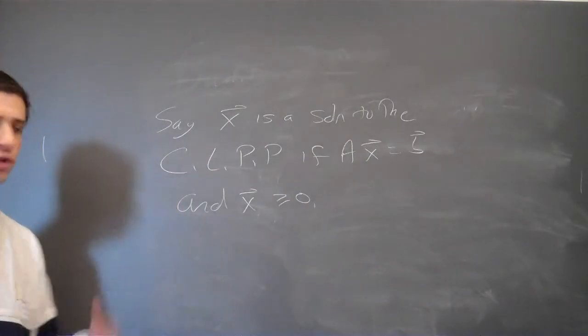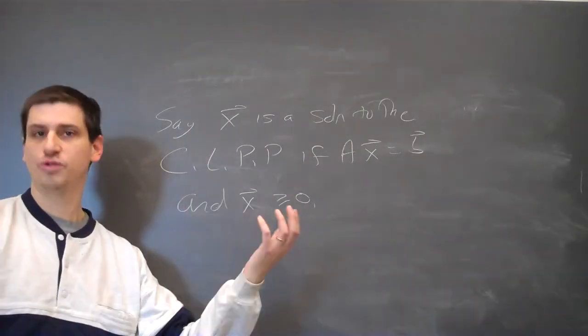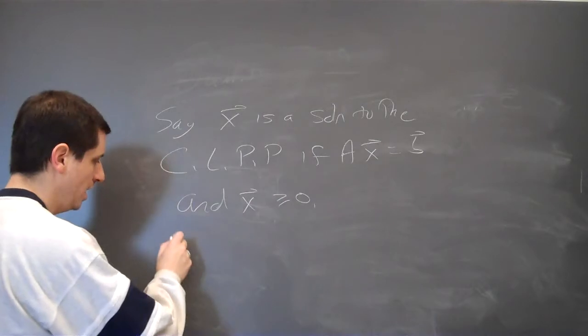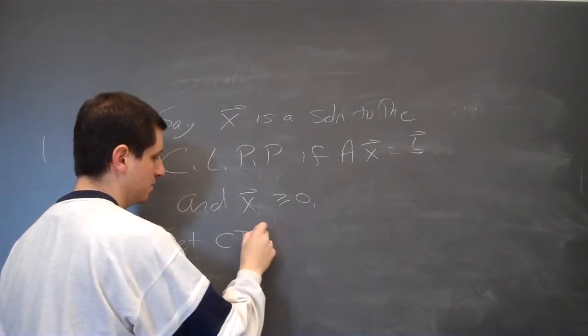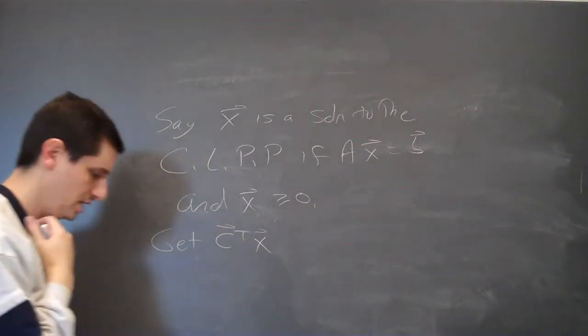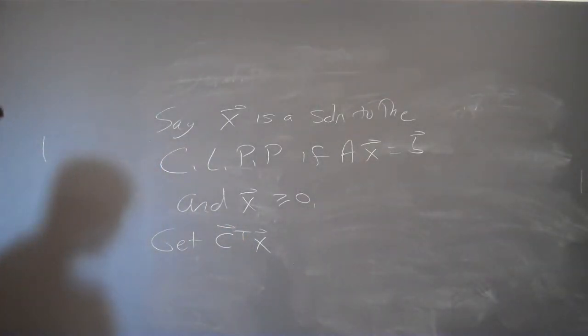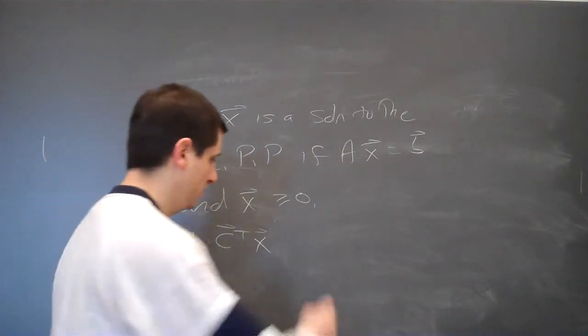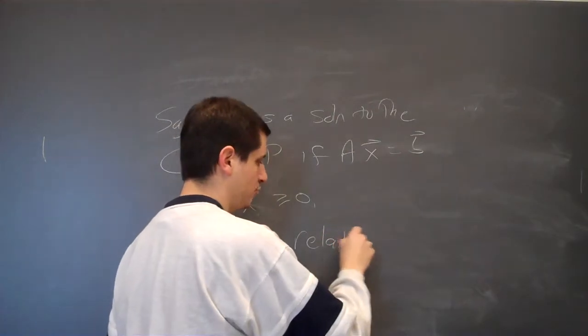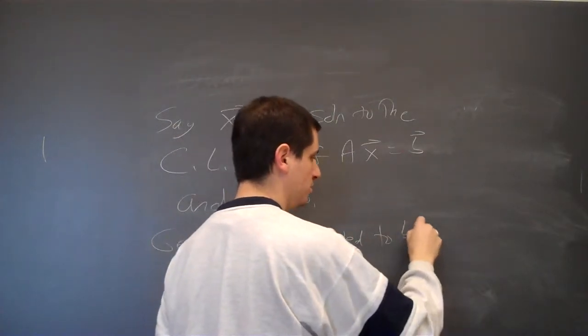And then you want to try to minimize C transpose X. And C transpose X is going to be related to bounds from the dual problem.